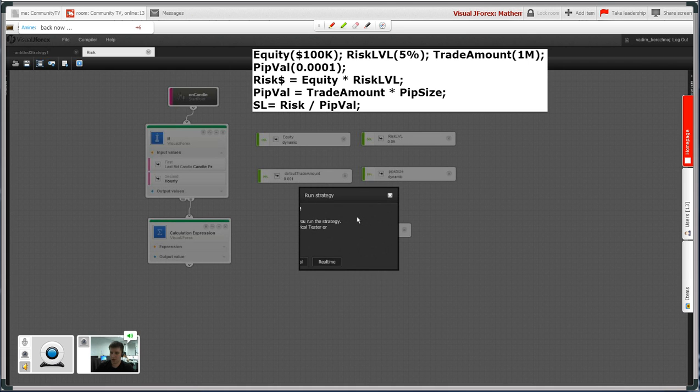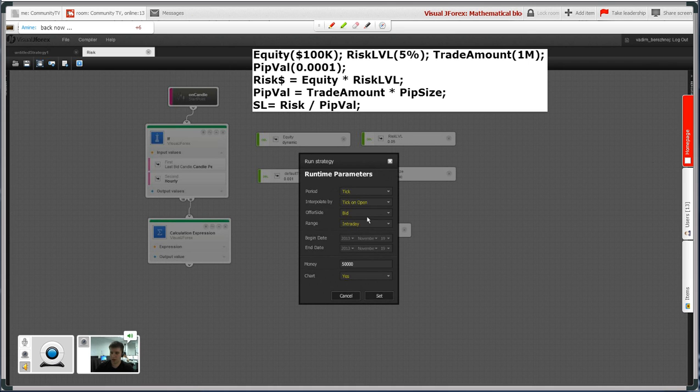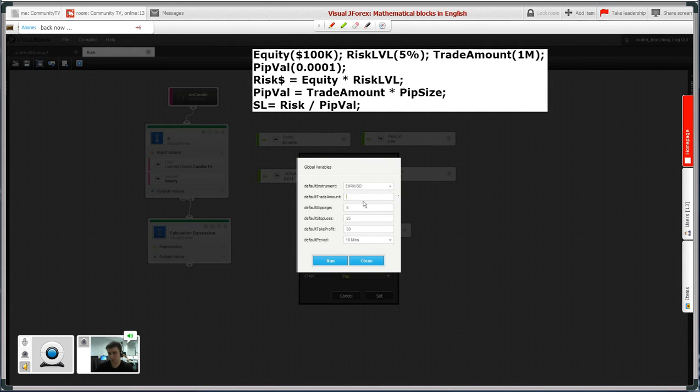Now we change our settings. For example, we trade on a 10,000 account. Then we use amount 500,000. That will give us about 100.